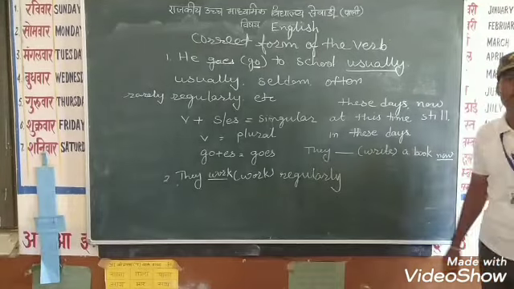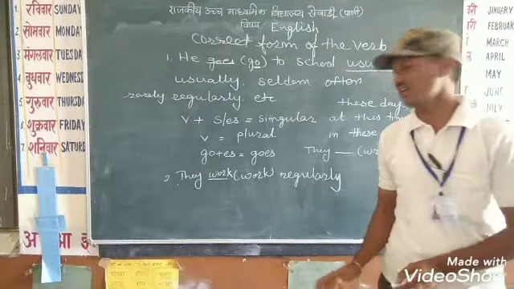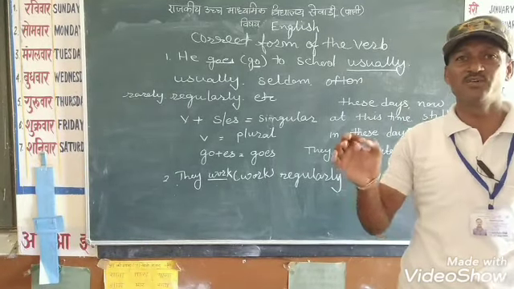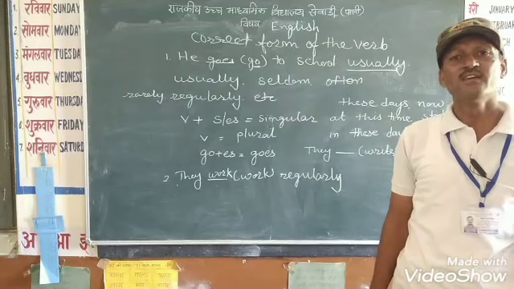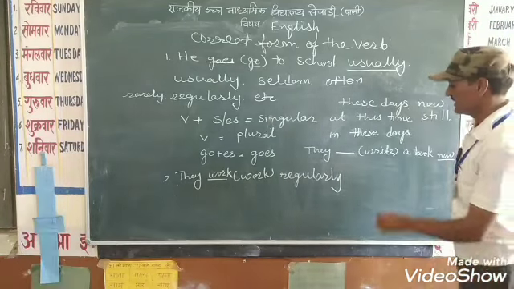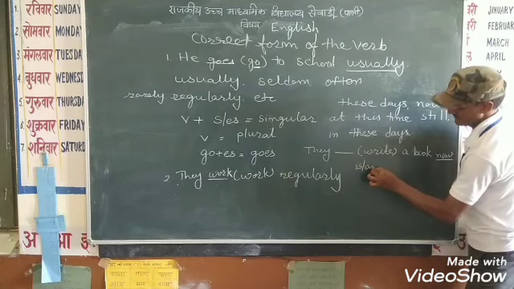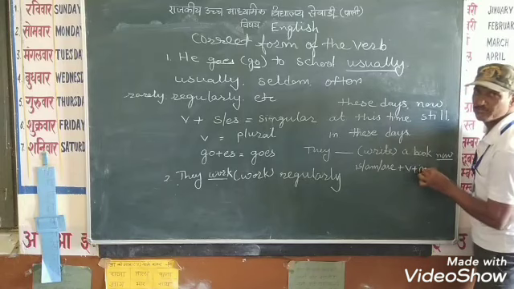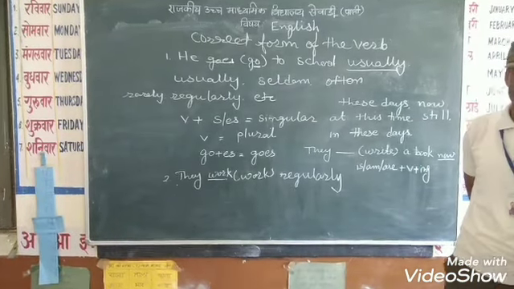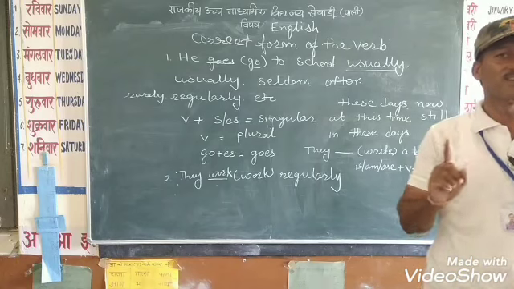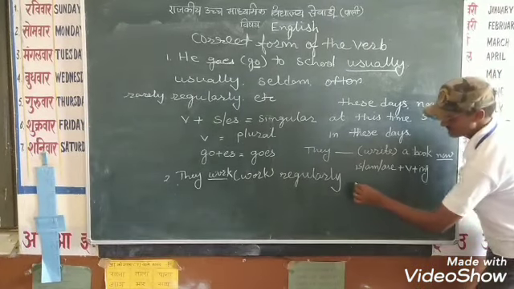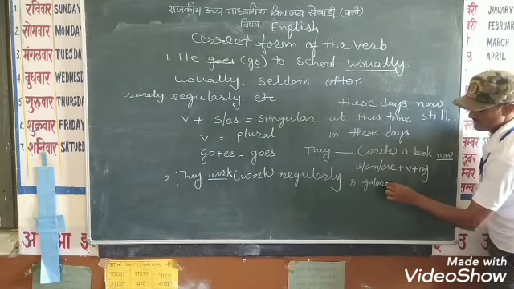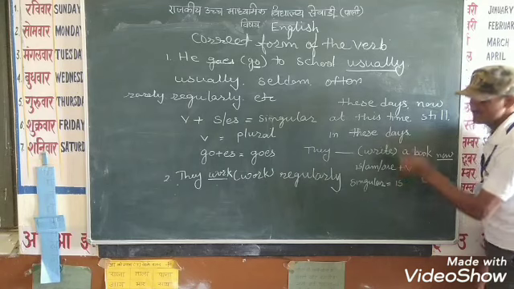By now, we identify that this sentence is present continuous tense. Then we use is, am, are plus verb plus ing. If the subject is singular, then we use is.